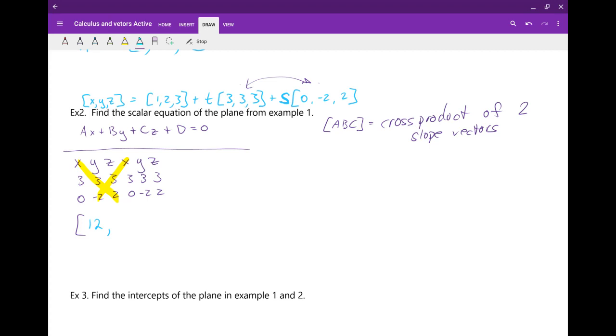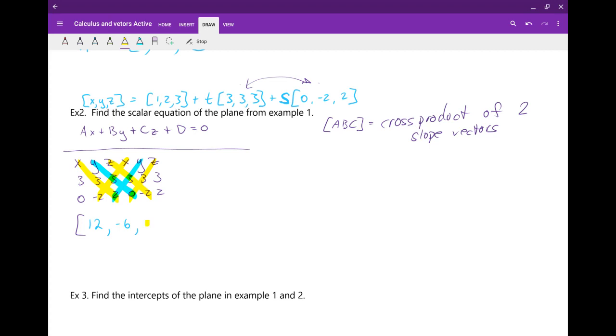Now, to get my y component, I cross: it's 3 times 0, so it's 0, minus 6, which is 3 times 2. So I'm going to get just a 0 minus 6, so I'm getting a -6. And then to get my z component, remember, it's 3 times 2 minus 3 times 0, or that's a -2.